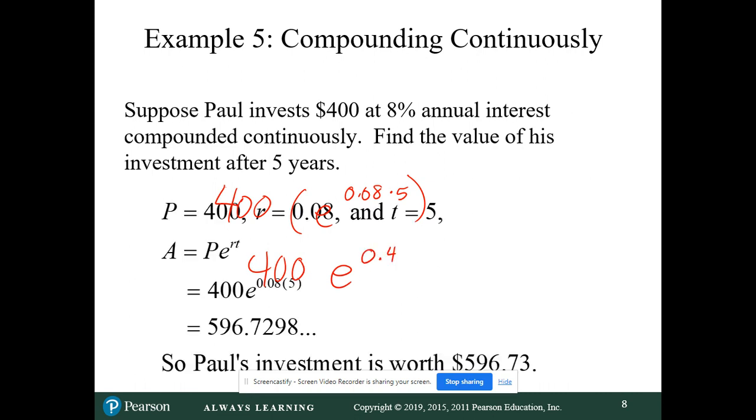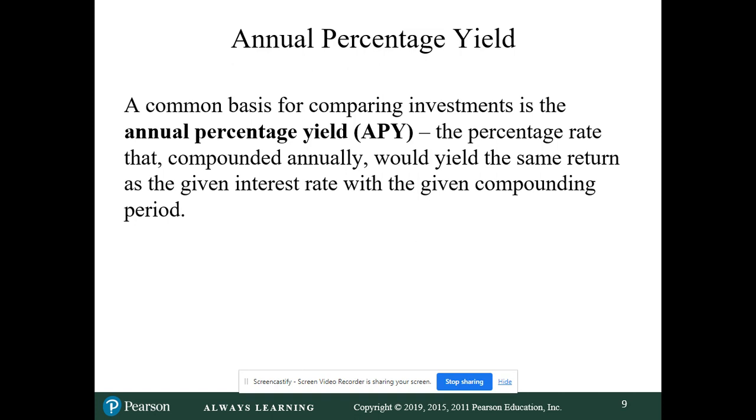If we do that math, we get $596.73. Oh, he's a lot richer, like by a whole dollar richer. But if you're talking a lot more money, let's say it's 400,000, then you're $100 or $1,000. Yeah, whatever. He's richer.